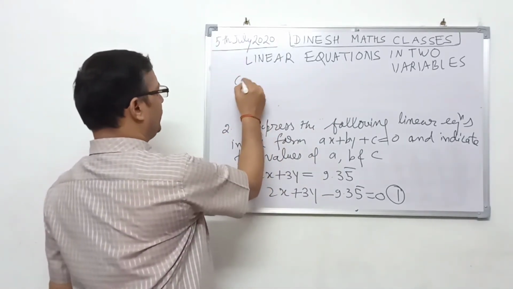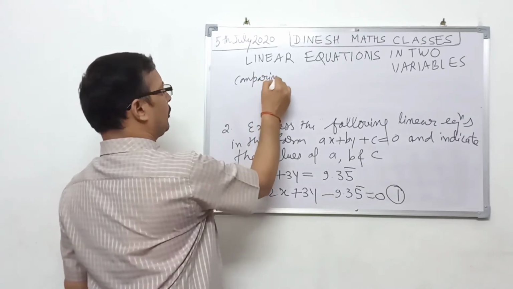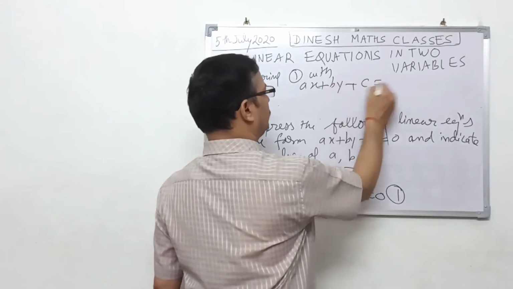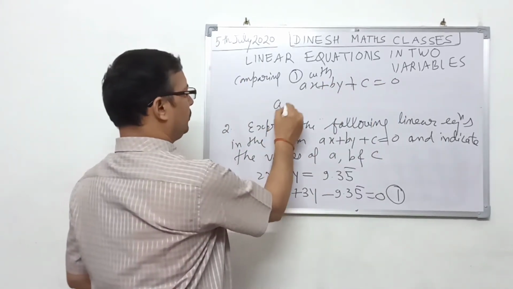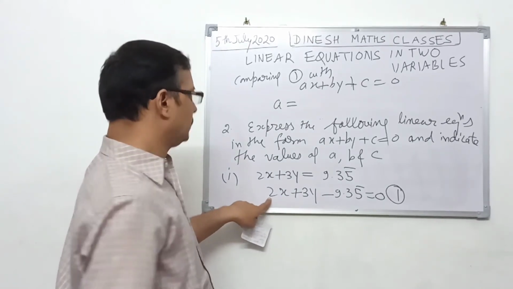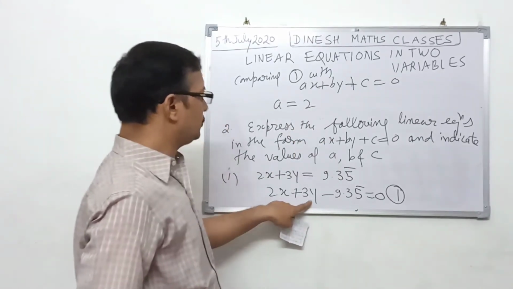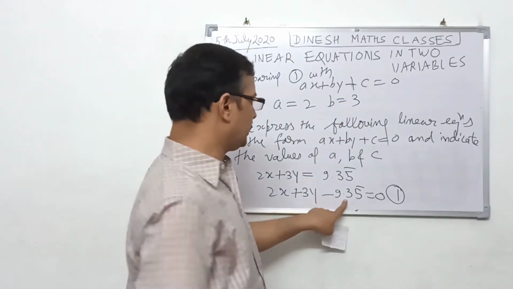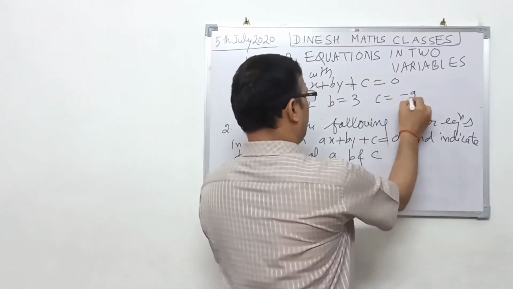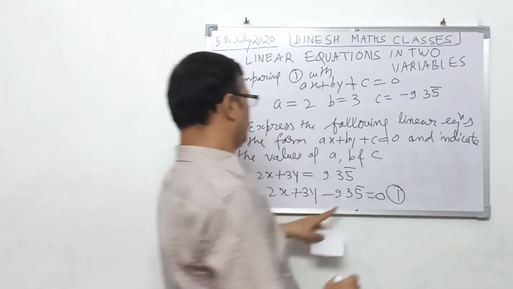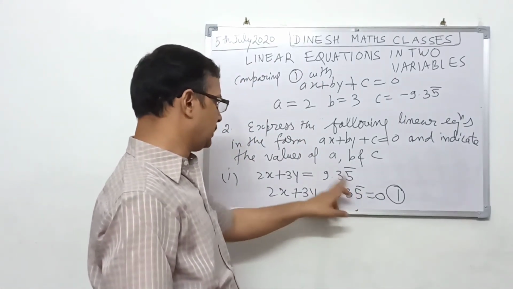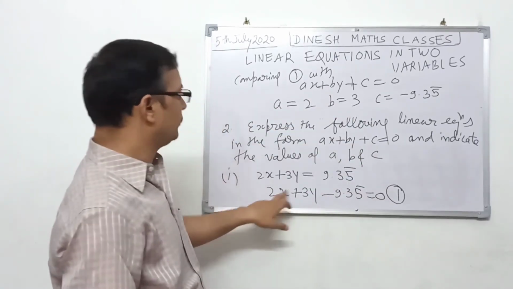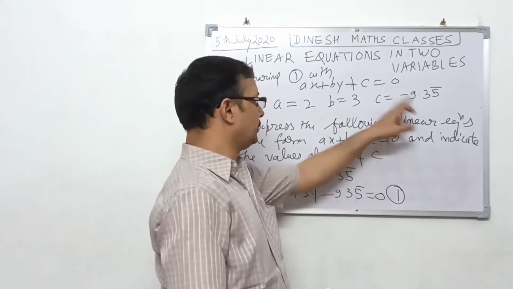Here a is the coefficient of x, that is plus 2, b is the coefficient of y, plus 3, and c is the constant term, that is the term without x and y, minus 9.35 bar. In this way, first make the right hand side 0, transfer the term to the left side, then compare, find a, find b and find c. a is the coefficient of x, b is the coefficient of y, and c is the constant term.